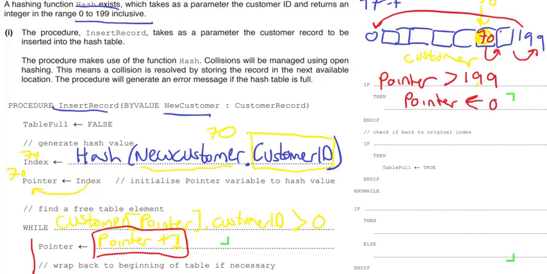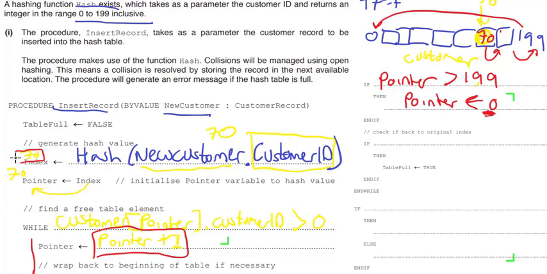Now what we want to do is check this and compare it with the original index. So the original index was 70. So what's going to happen is this.